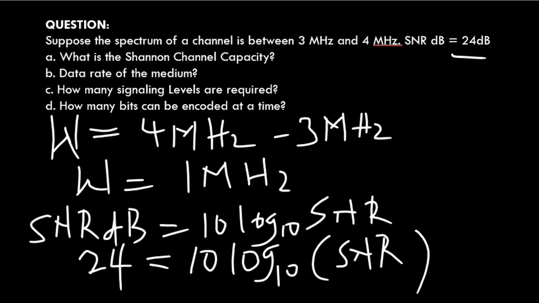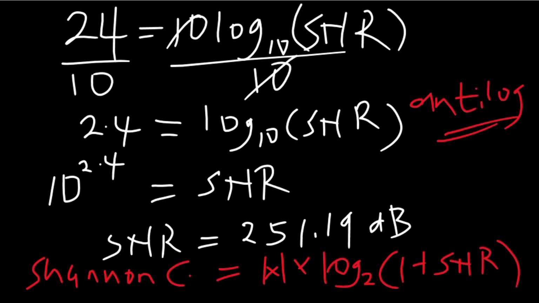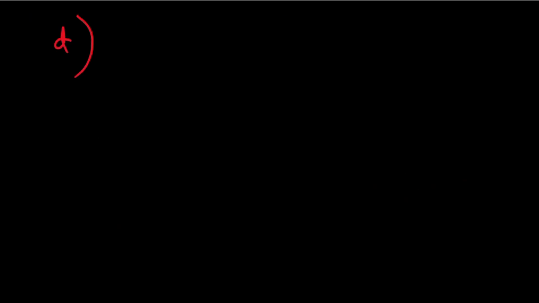Yes, the Nyquist. Let's focus on the D, which is the data rate. Let's go back and refer. The D was how many bits can be encoded at a time. So we have encoding and then decoding. It's similar to multiplexing and then demultiplexing. We encode and then we decode.